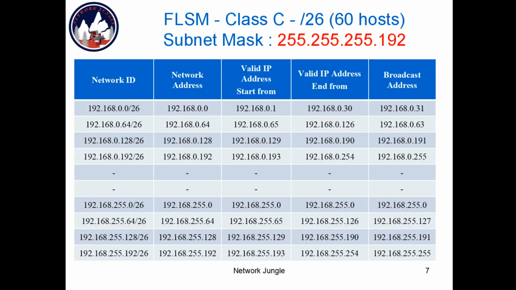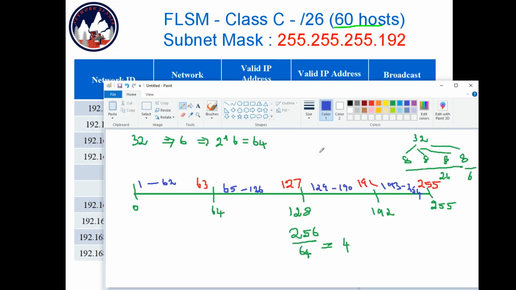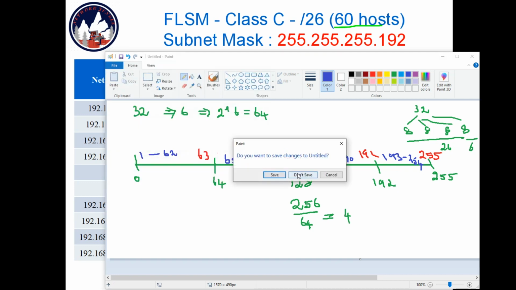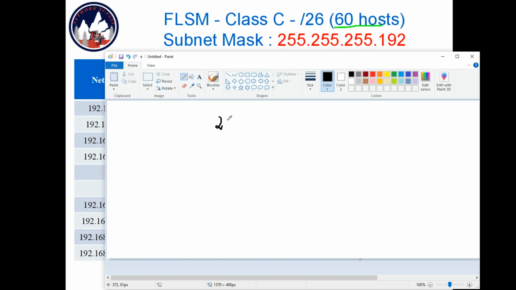Subnet table here. The value is /26, so here are the valid IP addresses for 60 hosts. How to calculate the subnet mask for /26? Out of 32 bits, 26 bits are in the network portion and 6 bits are in the host portion.